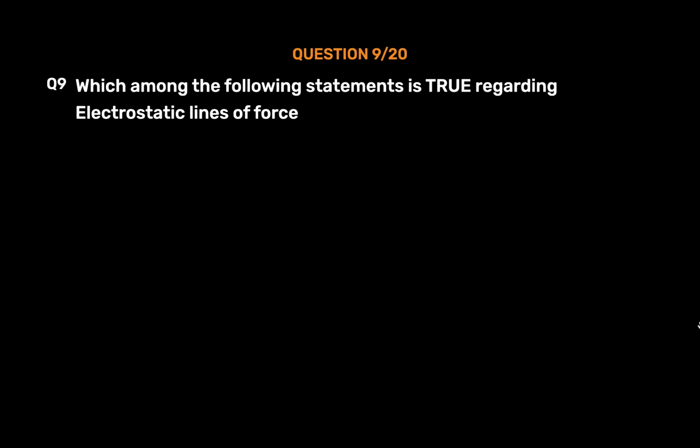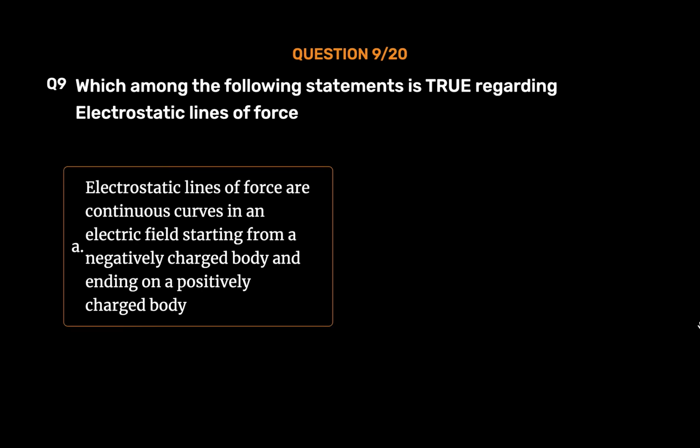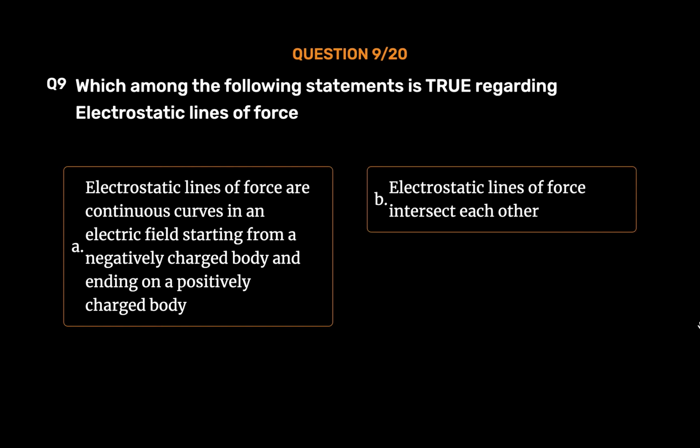Question number 9. Which among the following statements is true regarding electrostatic lines of force? Option A. Electrostatic lines of force are continuous curves in an electric field starting from a negatively charged body and ending on a positively charged body. Option B. Electrostatic lines of force intersect each other.